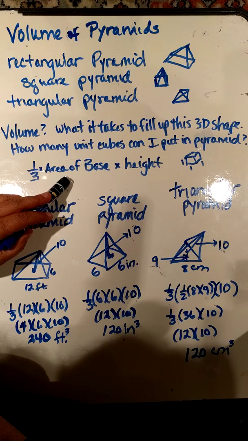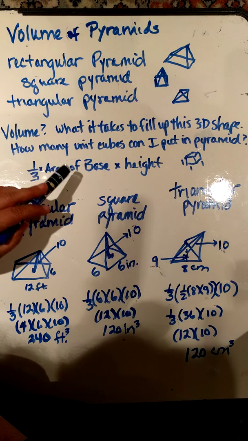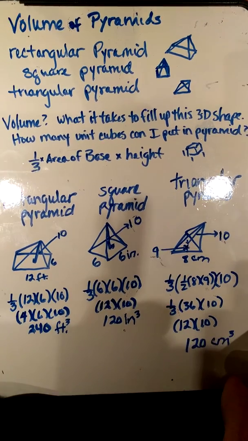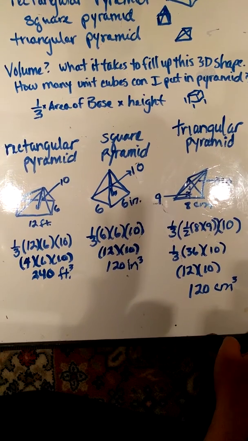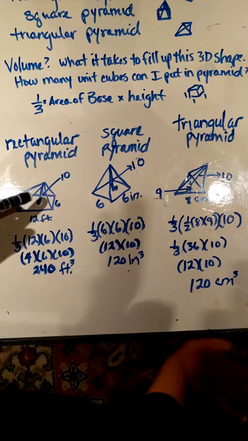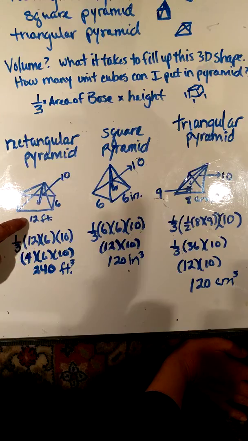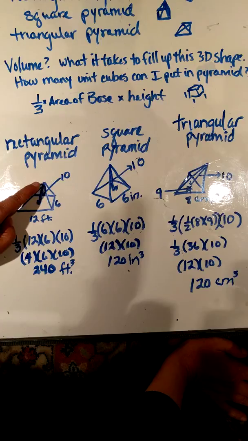So let's take a look at some of these. Again, the bases are different depending on the type of pyramid. So the first thing we're going to look at here is the rectangular pyramid and what the volume is for that. Here I've got a rectangular pyramid. The base is a rectangle, and it's 6 by 12. And then the height is from the top of the pyramid straight down.